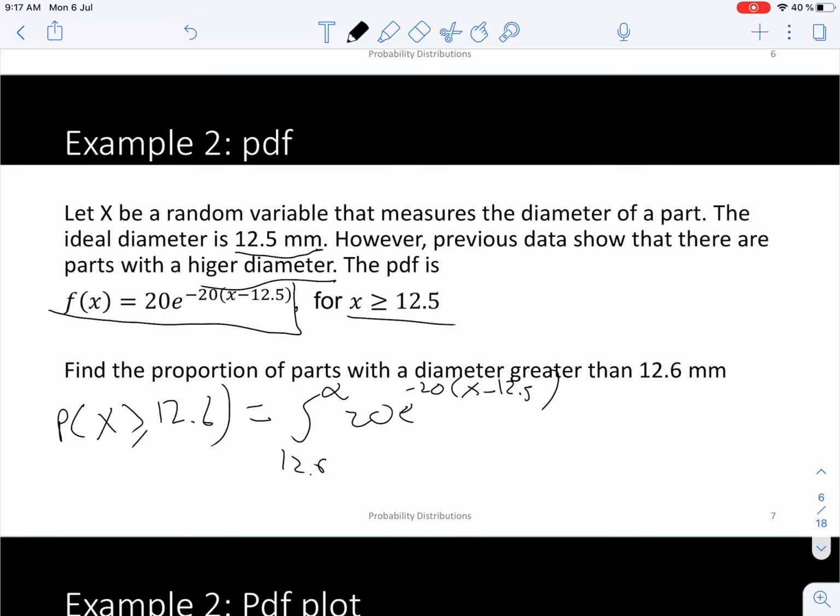Now, since this variable is defined for values of x greater than 12.5, we can rewrite this expression, and we can change the limits. So instead of trying to do the integration from 12.6 up to infinity, we can do 1 minus the probability that's between 12.5 and 12.6, and it's going to give us the whole area.